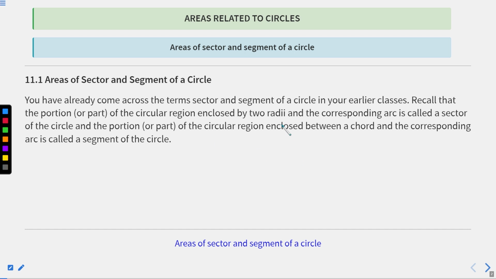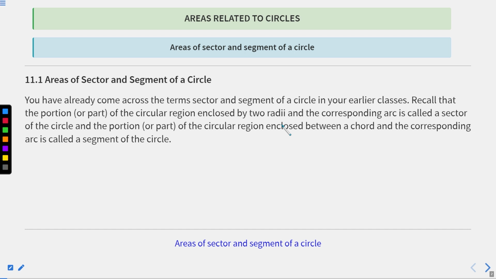If you recall, the portion or part of the circular region enclosed by two radii and the corresponding arc is called a sector of the circle, and the portion or part of the circular region enclosed by a chord and the corresponding arc is called a segment of a circle.